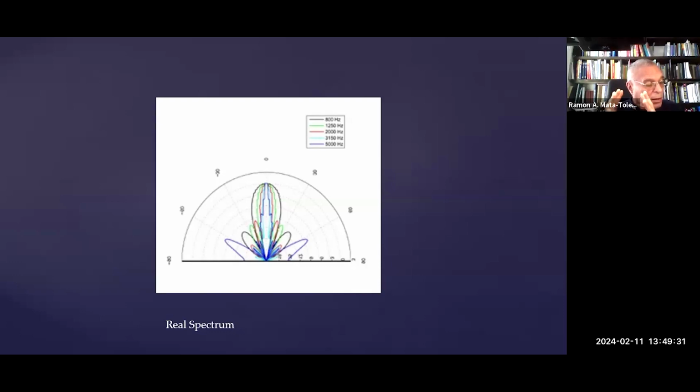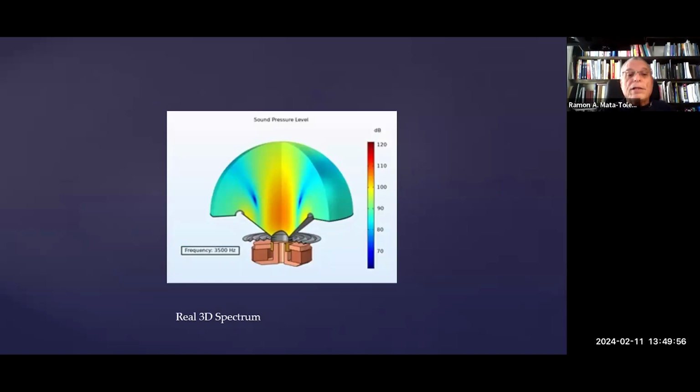So there are similarities there, but we need to make sure that we are looking at the same value. If we try to say that we get the same value, even though sometimes it's hard to see, because I cannot amplify this. Take a look at this graph in here, okay, it's a real 3D spectrum.